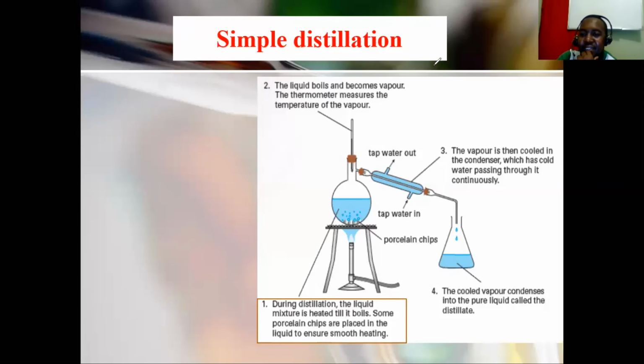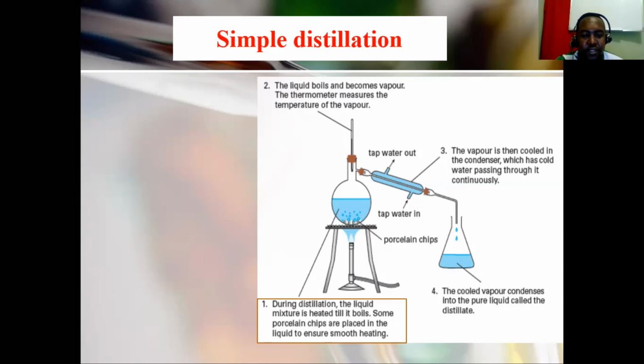Okay. All right, so the chips are there to cause boiling to be smooth, right? So let's look at what happens when you have water and oil in a pot and it's heated. The boiling that will occur will be a random, vigorous boiling. We don't want that when we're doing simple distillation or fractional distillation.